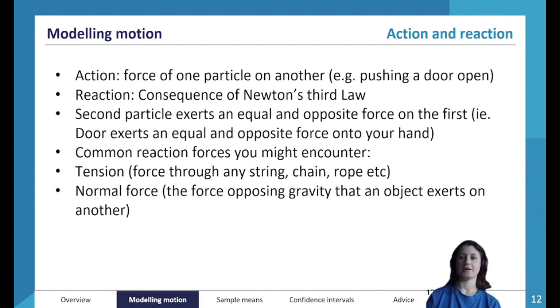We could even think about this as an action and reaction: the table is reacting to the box being there by exerting an equal and opposite force. That's why the normal force always acts perpendicular to the surface, or at right angles to it, because gravity is acting opposite there.